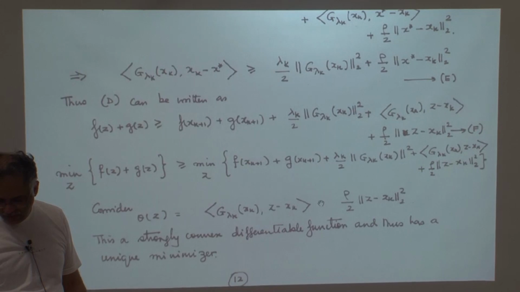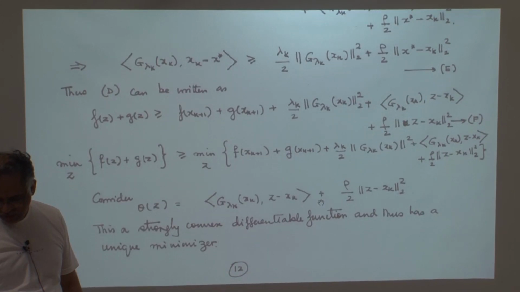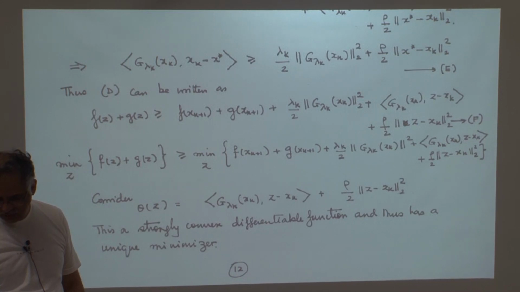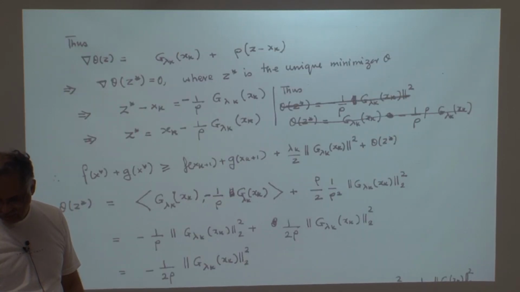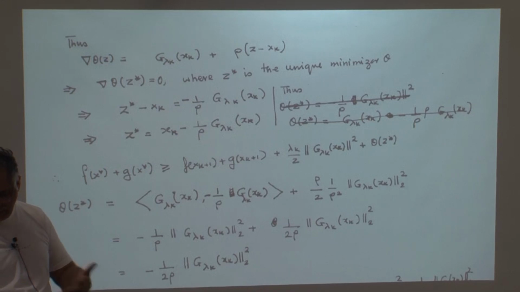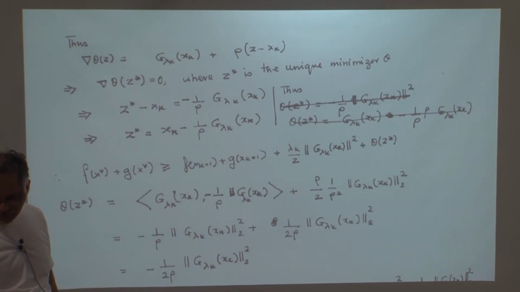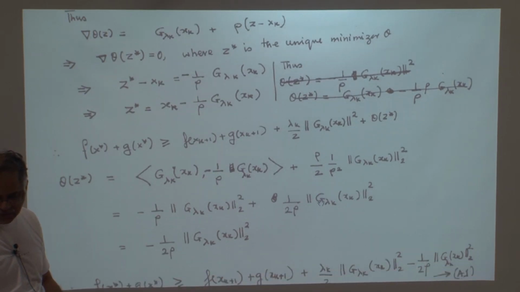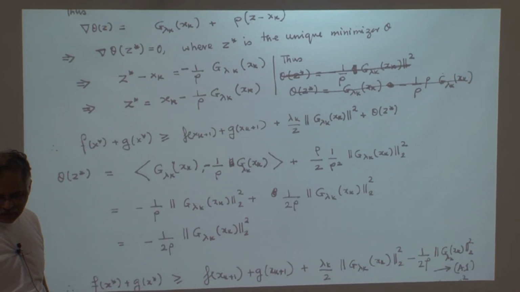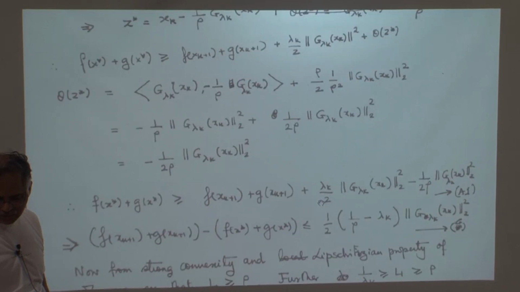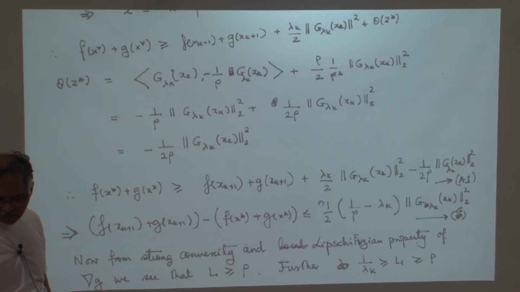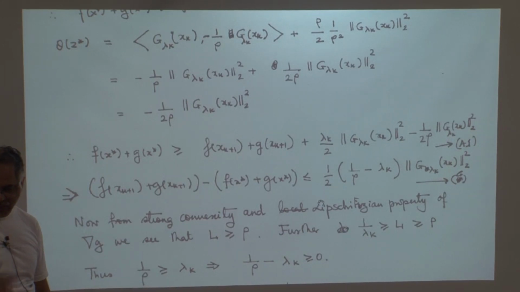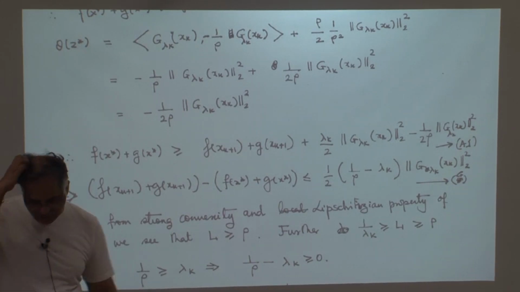Here again you will use strong convexity of F and all those things, and there are several things that are used. So, I am not getting into the details of why this happens, and the fact that G is strongly convex and has a Lipschitz continuous gradient.